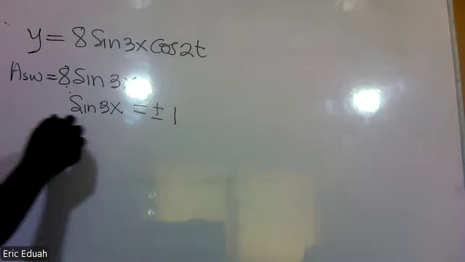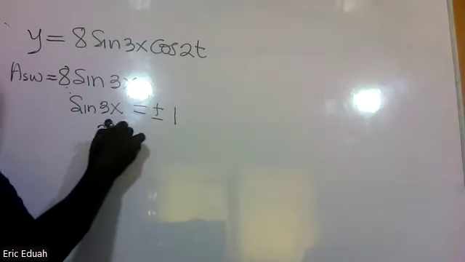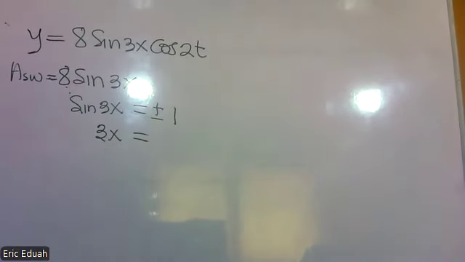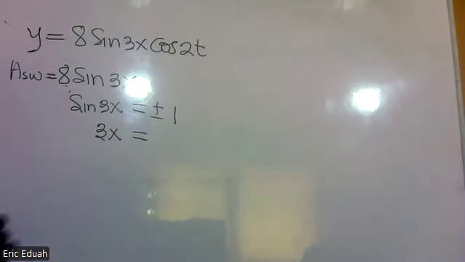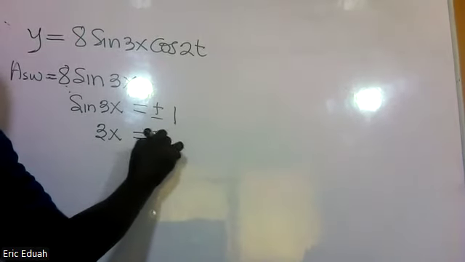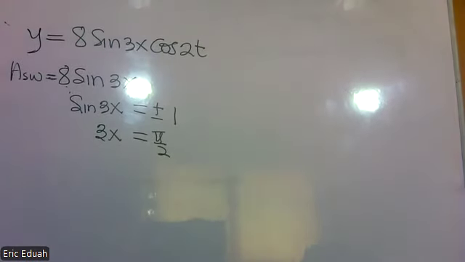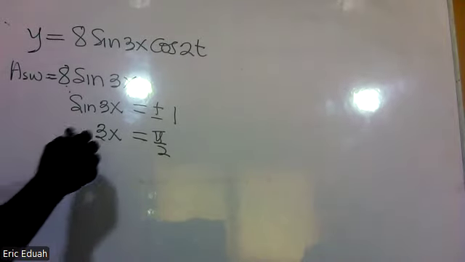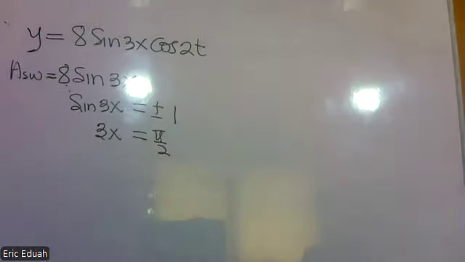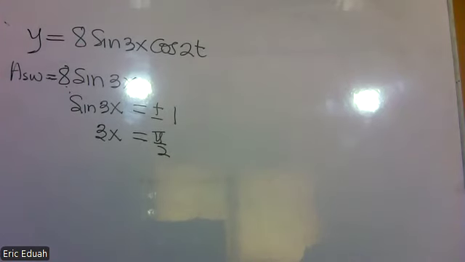Therefore, 3x will be equal to 90, and sine 90 will be 1. So if we use 90, we are there.